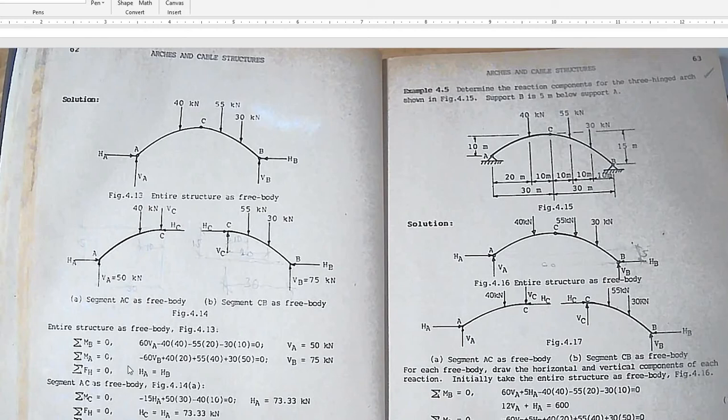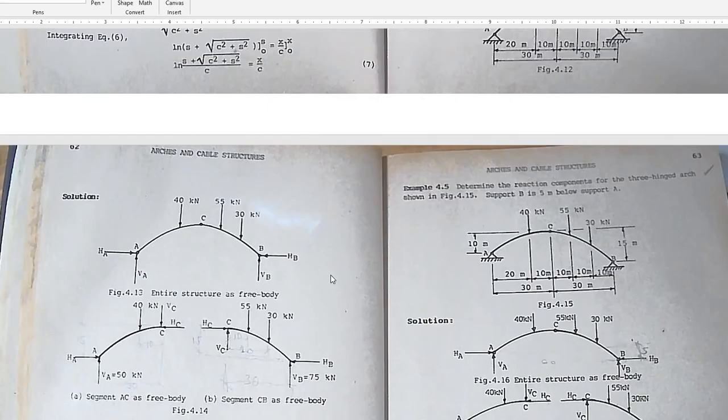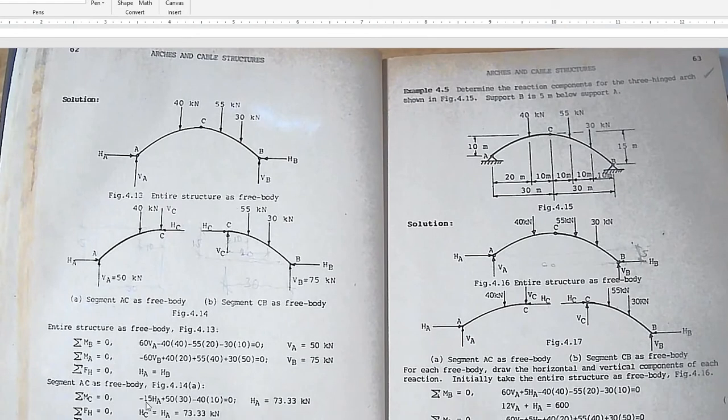Now, let's take segment AC as free body, figure 4.14a. Take moments at C, and then we have negative 15 H sub A. That negative 15 is the perpendicular distance from the direction of H sub A to point C. That is the height, 15. It is negative because it is counterclockwise.